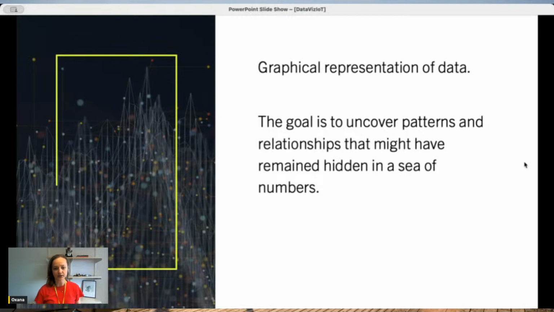So in short, the goal of data visualization, both in this project and in general, is to uncover patterns and relationships in the data that otherwise might just have been lost in the vast stream of things.